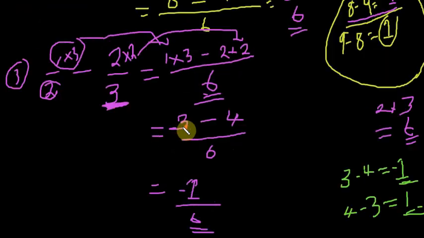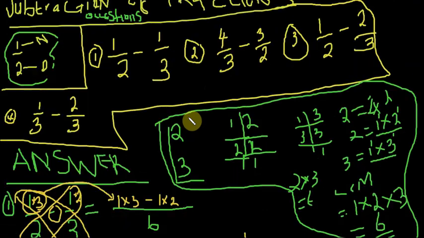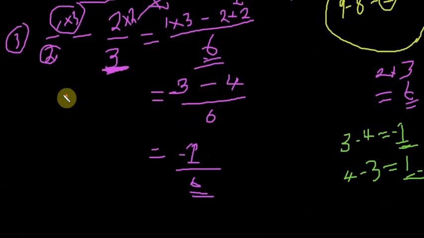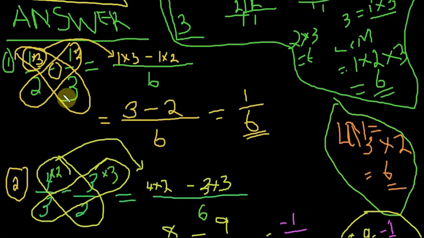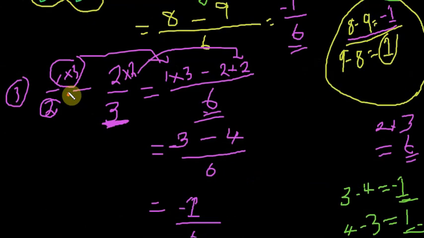Negative 1 over 6, the last one. Now we are going to do the last one. The last one is 1 over 3 minus 2 over 3. In the last one, the denominators are the same.